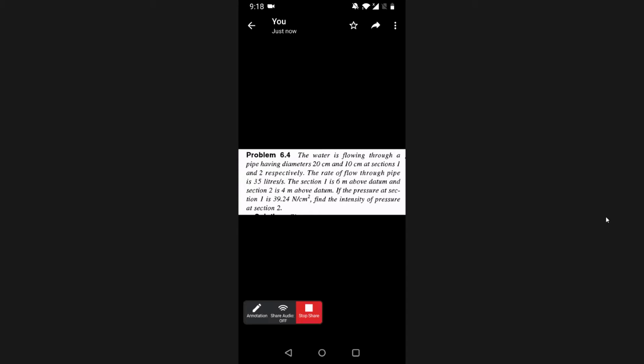Divide 35 by 1000, to convert into meter cube per second. That is 0.035.